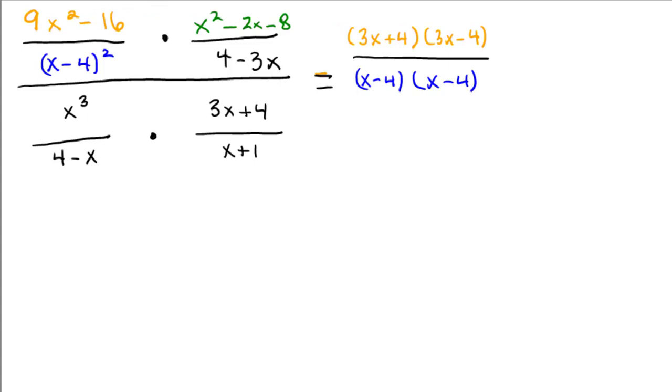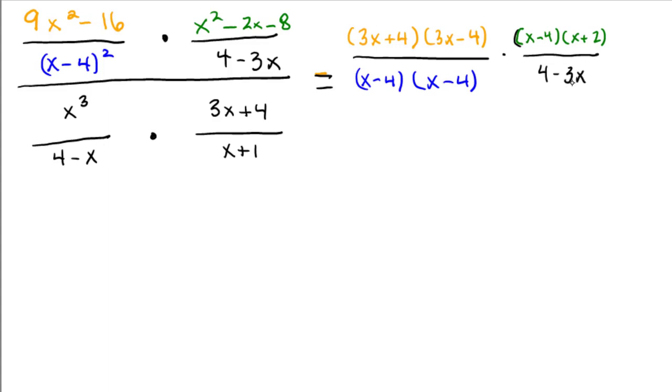In the next fraction, we're seeing x squared minus 2x minus 8 over 4 minus 3x. For that expression, in the numerator, I'm going to do x minus 4 and x plus 2, because that's the factoring of the x squared minus 2x minus 8, and that's now over 4 minus 3x.